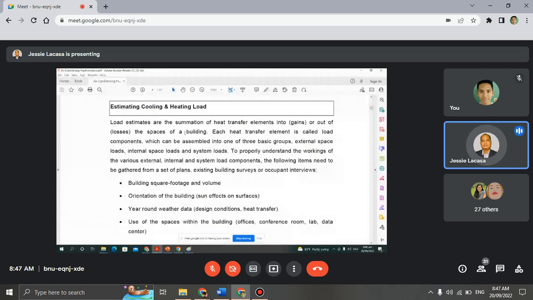Mo follow ra gud na siya si air handling unit nagdepende ni cooling load sa room. So si chilled water nagdepende ni air handling unit pila ang gikinahanglan.